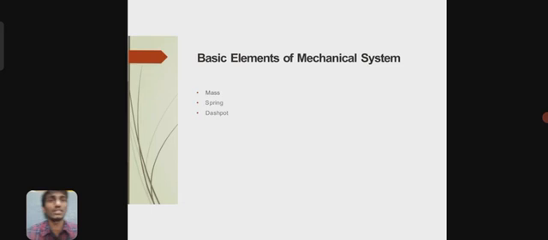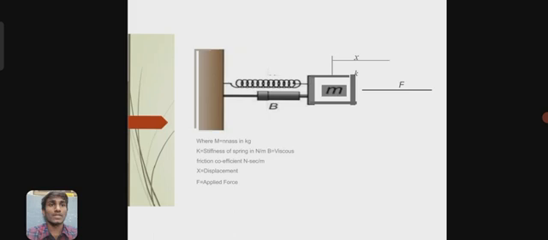So coming to the basic elements of the mechanical system, we have mass, spring and dashpot. While calculating the parameters, we take these three things as parameters, where M is the mass in kg and K is the stiffness of the spring in Newton per meter, also B is the viscous coefficient caused by the dashpot, with friction coefficient in Newton second per meter, and X is the displacement and F is the force applied.